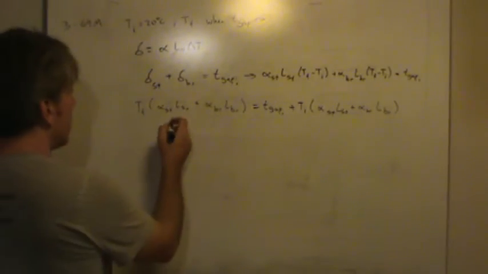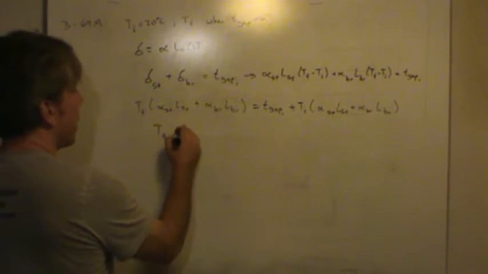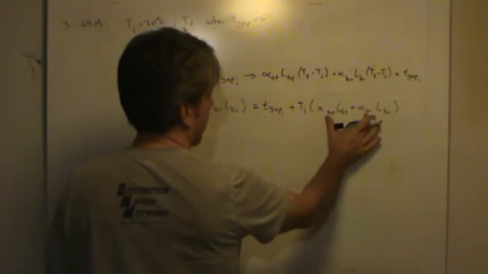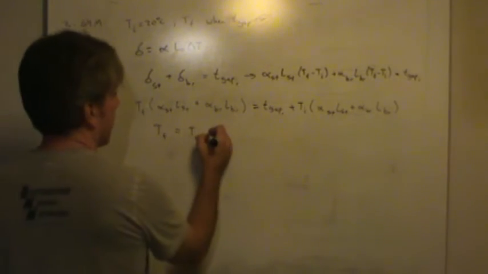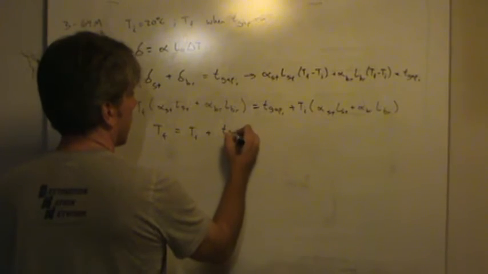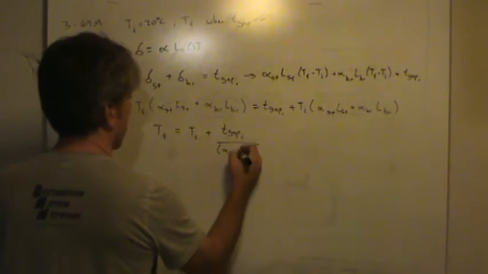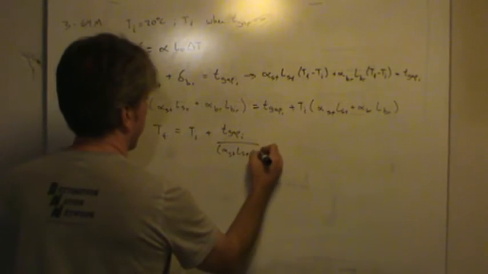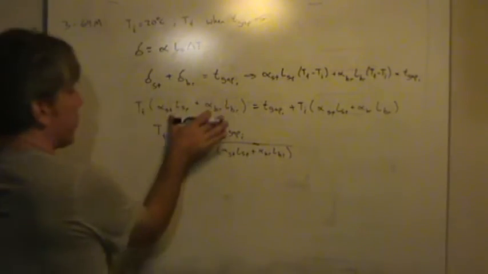Now, I want to divide this term on both sides so that I get the final temperature by itself. You'll notice that when I do that with the second term, all I'll have left is the initial temperature. But for this term, there we go, this appears in the denominator.